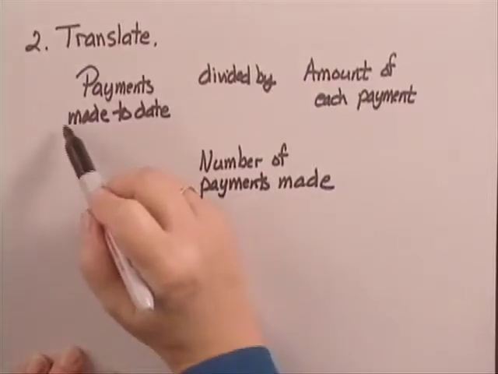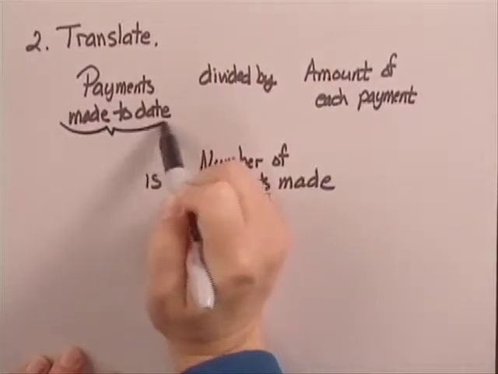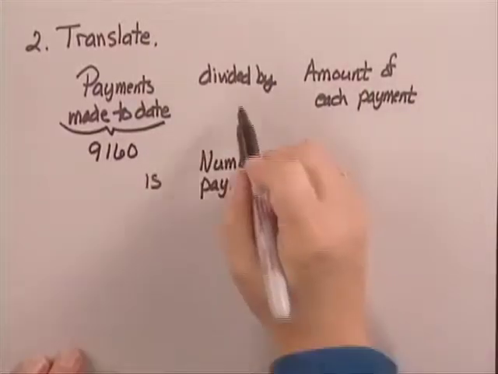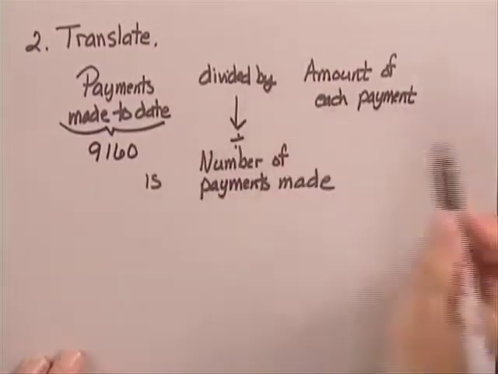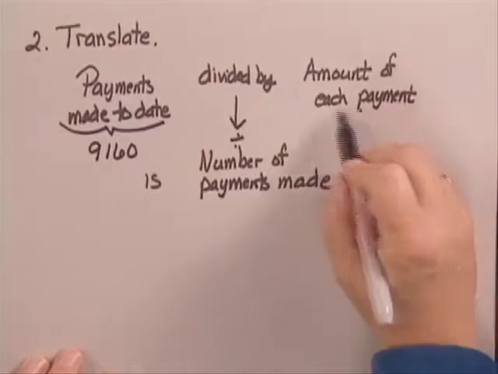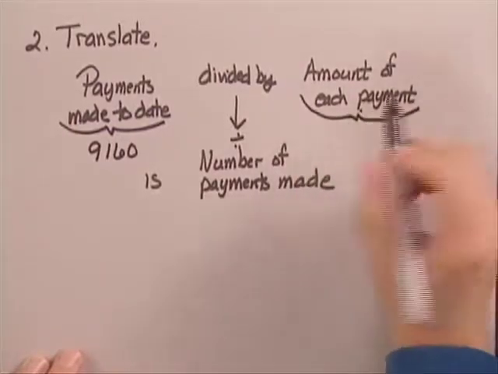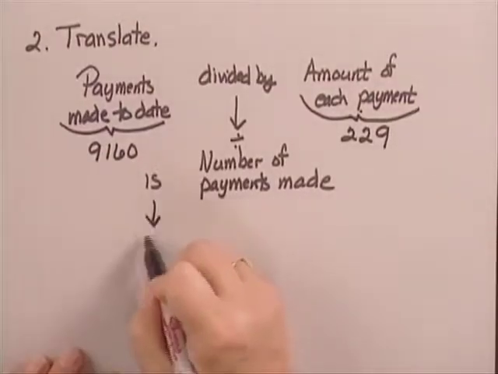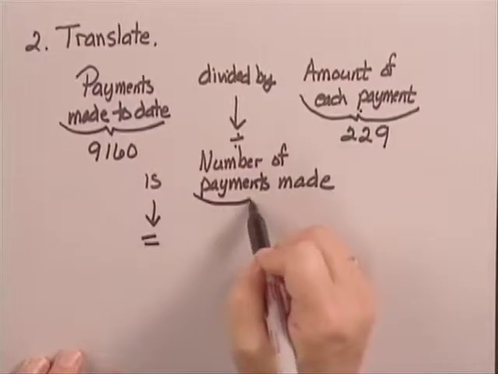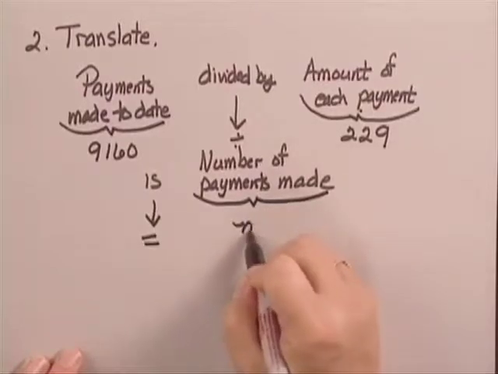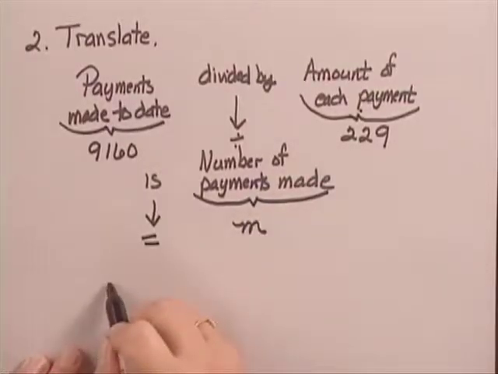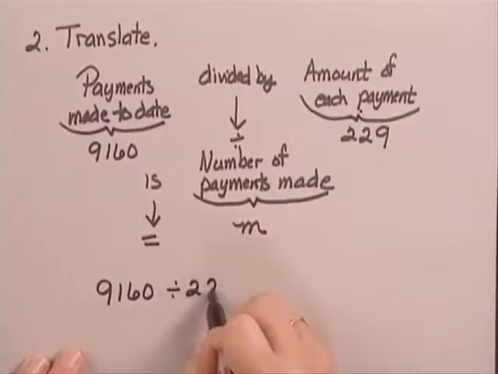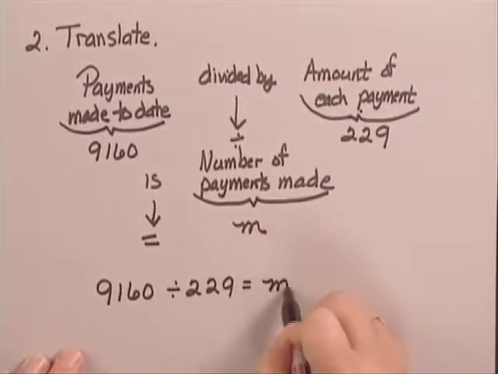So, translating that, the amount of the payments made to date was $9,160 divided by the amount of each payment, which was $229. That equals the number of payments made, which we define to be M. So let me write this out more clearly. 9,160 divided by 229 equals M.